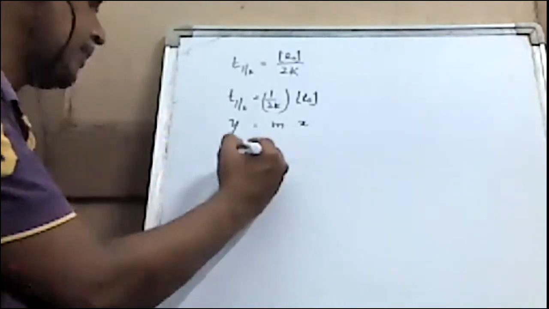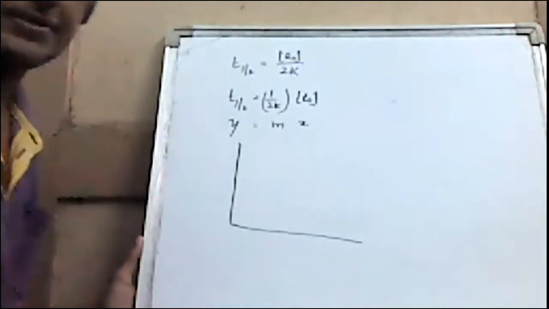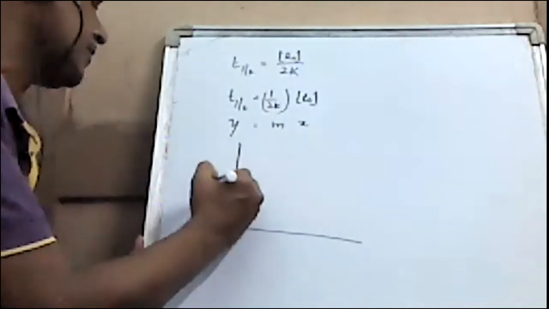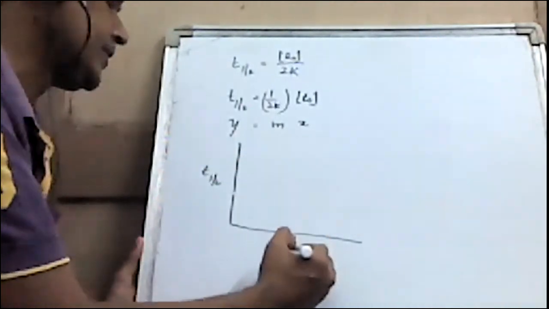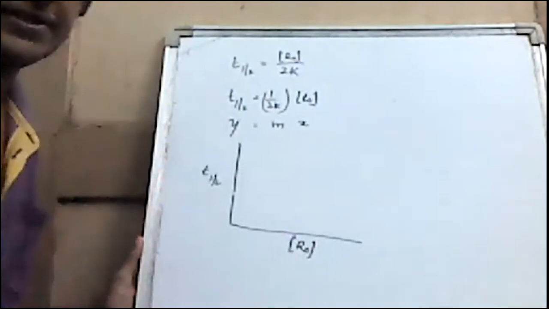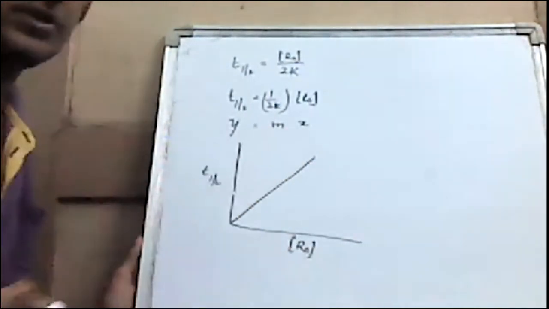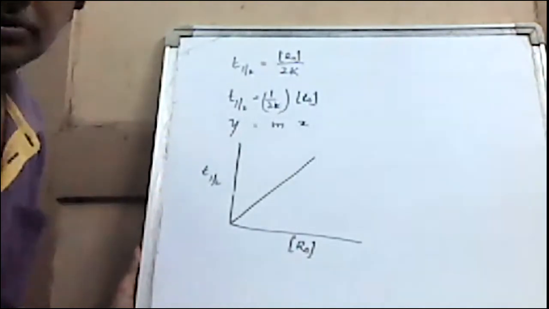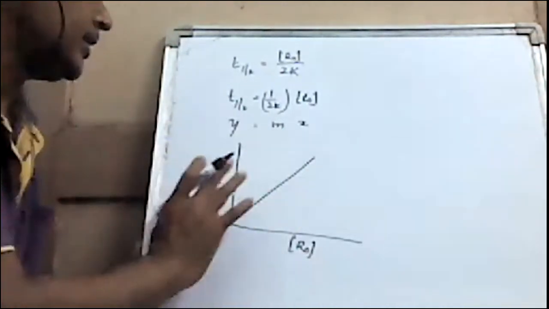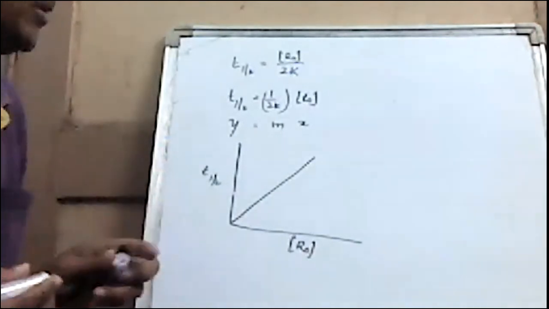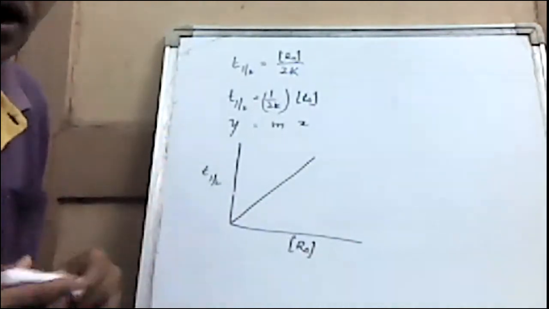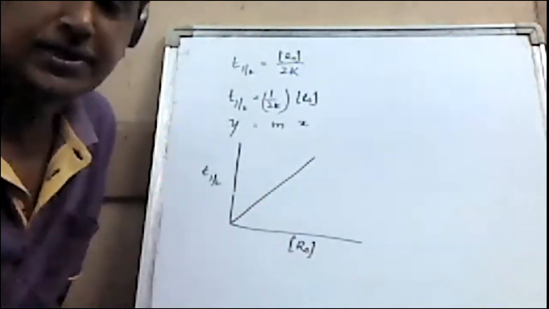If I plot with the x-axis as the initial concentration of the reactants and the y-axis as half-life, it passes through the origin. So this is the third plot regarding the zero order reaction: half-life versus concentration of reactants.